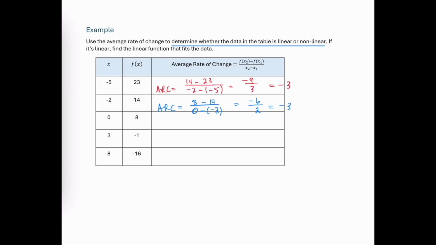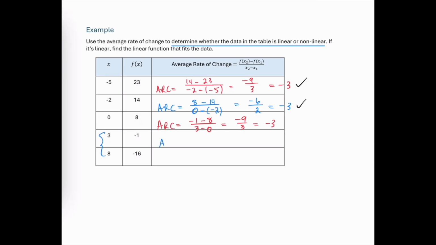And so far, we have the same average rate of change, but we need to check all the ordered pairs all the way down. So we'll look at the average rate of change between the next 2 points, which is y2, negative 1, minus y1, which is positive 8, divided by x2, which is 3, minus x1, which is 0. So now we have negative 9 over positive 3, which is again negative 3.